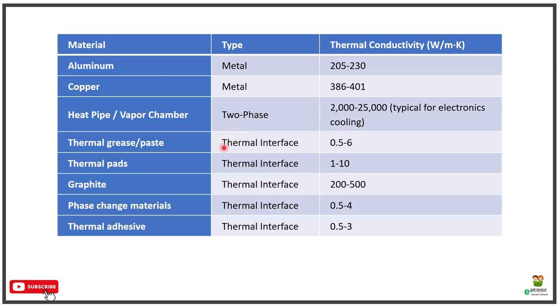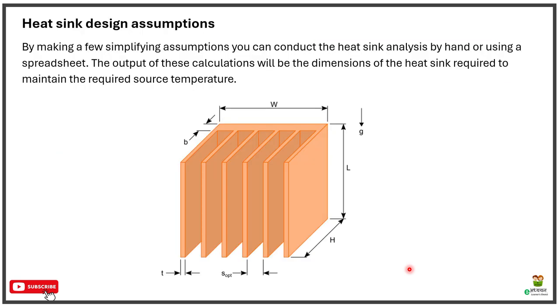That will be the thermal interface, and here will be the thermal conductivity. Similarly, for thermal paste, graphite, phase change material, and thermal adhesives. So we have considered these materials in the earlier image, and these are the type and thermal conductivity range for that particular material. Now we are considering some assumptions in the heat sink design.